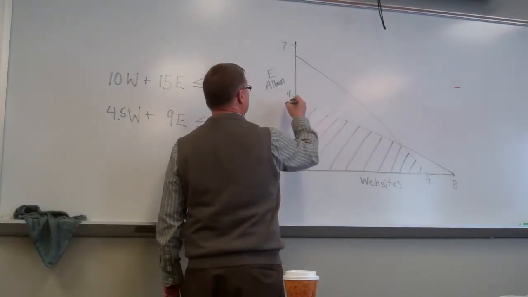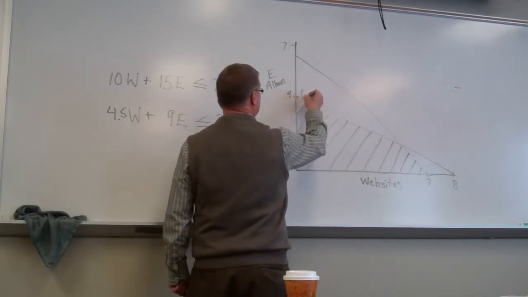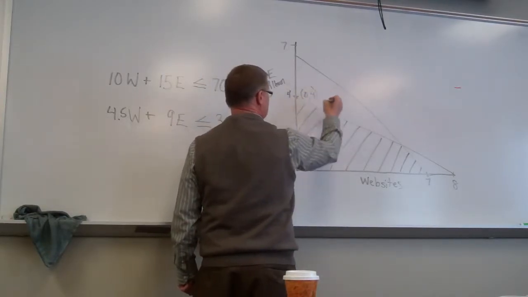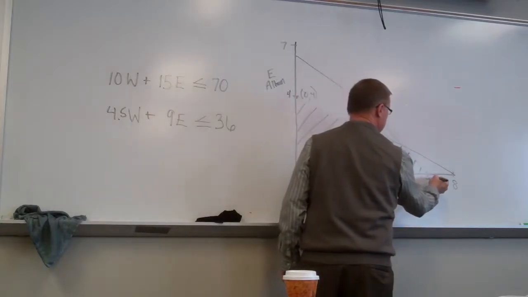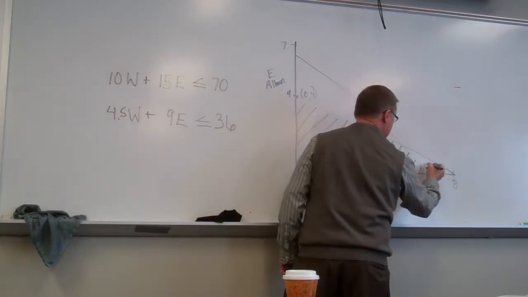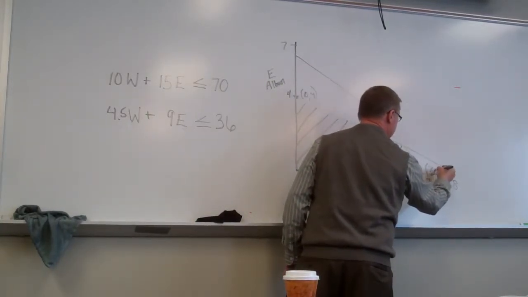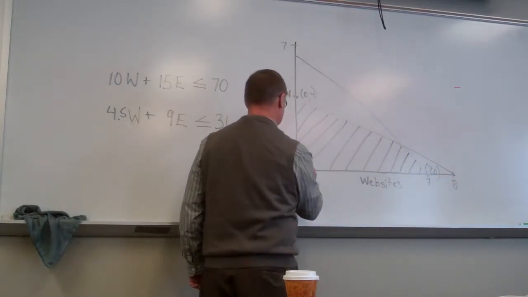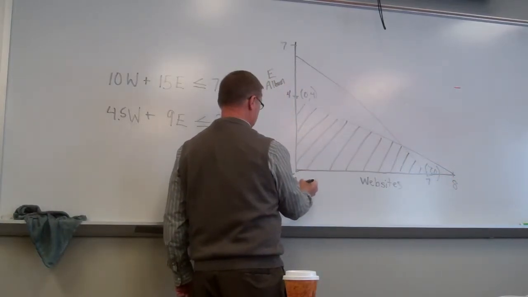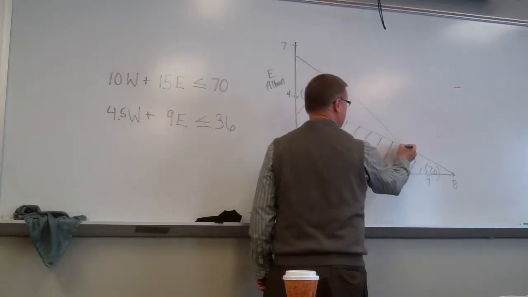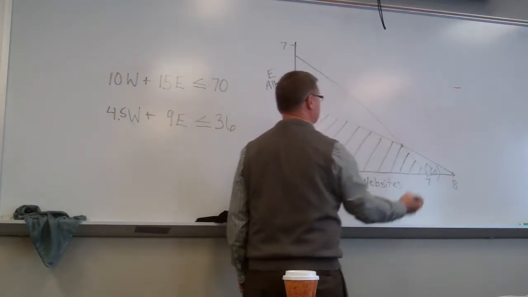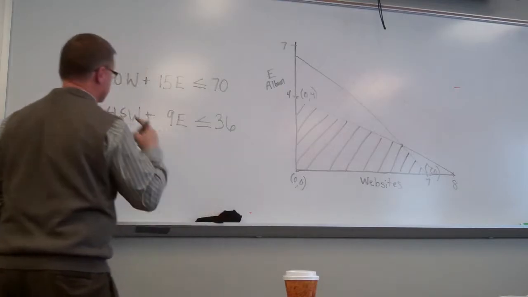It goes from 0, 4 to 7, 0 to 0, 0, which is not going to be good. But I'm kind of interested in this spot. So we're going to have to actually graph it.